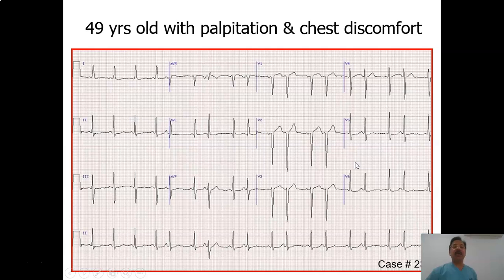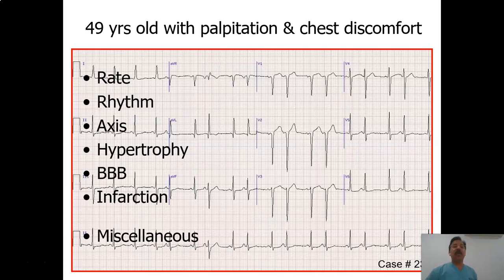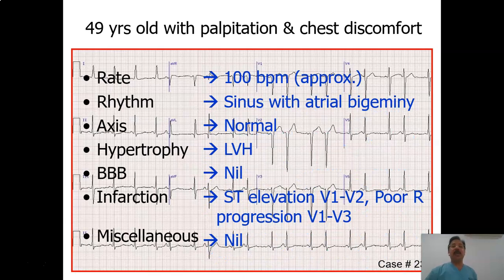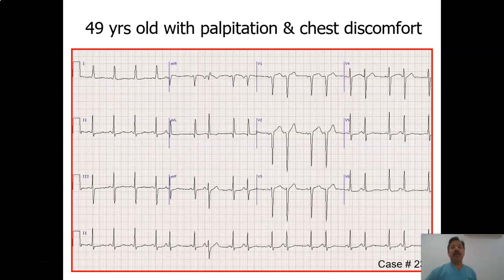So ECG findings include the rate 100 beats per minute approximately. So it's a sinus rhythm with atrial bigeminy. As I mentioned, two different shapes of the P waves. Normal axis, left ventricular hypertrophy is there, no bundle branch block, and there is ST segment elevation in V1 and V2 with poor R wave progression in V1 and V3. You can see the poor R wave progression.